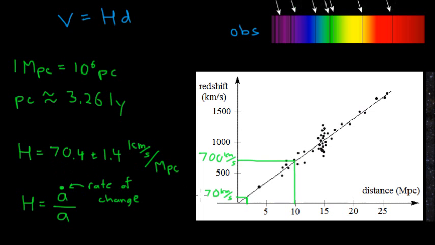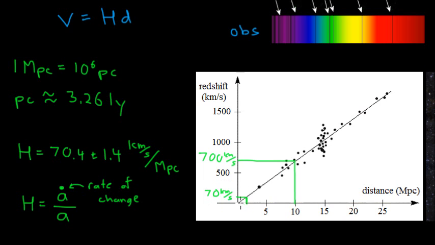Now there are a couple of other things that I just want to point out before we finish here. First off, when we talk about speeds like 70 kilometers per second, in everyday terms, that seems like an incredibly fast speed. But when we consider things like the orbit of the Earth around the Sun, the Earth is orbiting the Sun at around 30 kilometers per second. And I think that Mercury is going close to 50 kilometers per second.